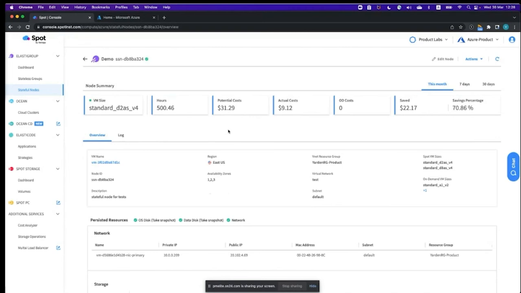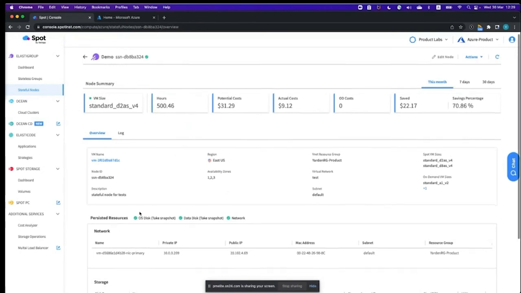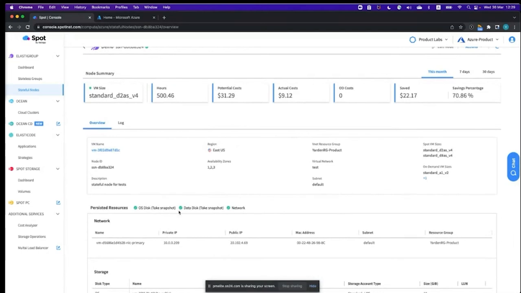Nice. Now, if my application does not require any storage persistency and I don't want to handle all these snapshots, but I need IP persistency, is this available? Can I just configure only IP and not storage, or only storage and not IP? Is this possible? Yeah, that's a good question. Actually, you can see in the persistent resources that we are enabling 3 options. One option is the OS disk persistency, which can be configured alone or with the others.